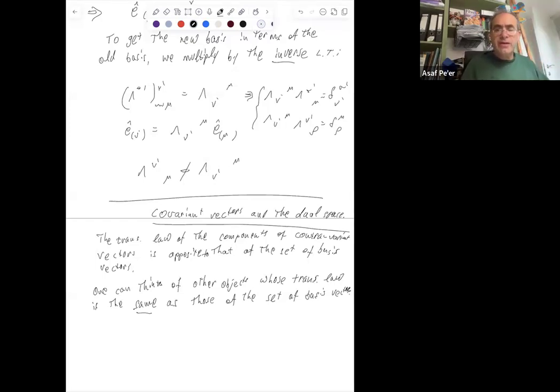So once we have a vector space, we can always set another vector space which has the same dimension, which is known as the dual space.